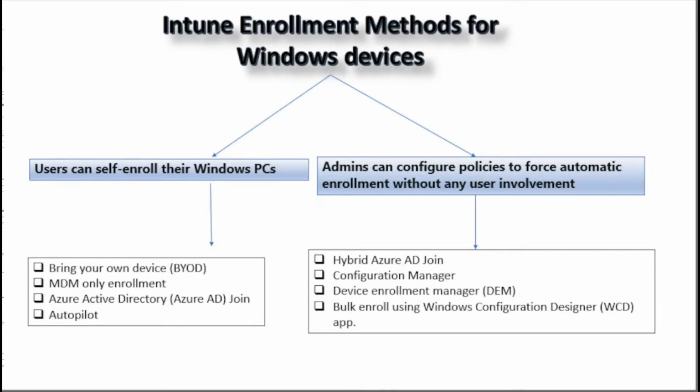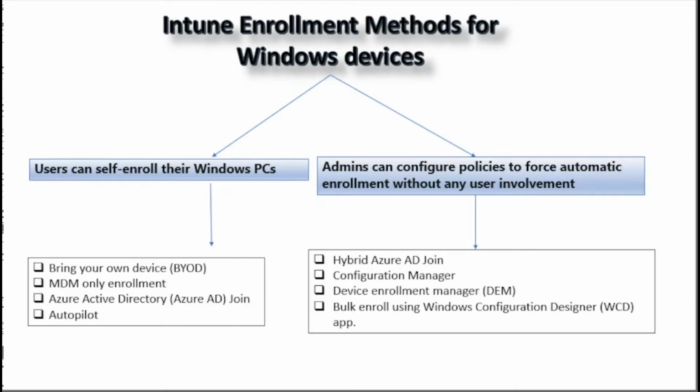The second one is the admin-driven enrollment method, where the admin can configure settings for automatic enrollment without any user involvement. They can use hybrid Azure AD join enrollment via group policy, or they can use Configuration Manager to enroll the device in Intune in a co-managed environment.